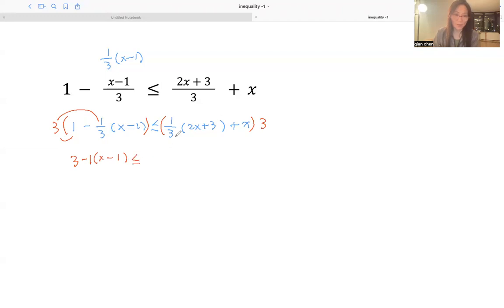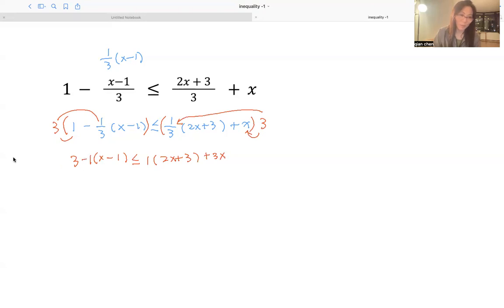Less than or equal to, when I multiply this 3 with this 1/3, that becomes 1 also. So 1 times (2x plus 3), plus now 3 times x, 3x. You see, no more denominators. That's how we get rid of the denominator.